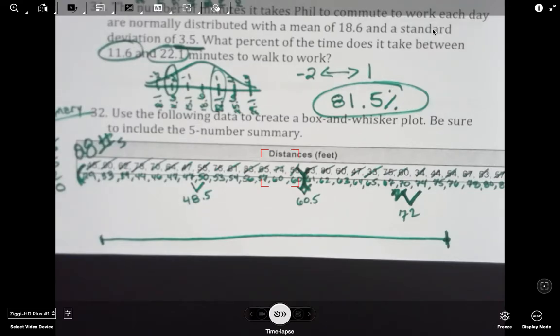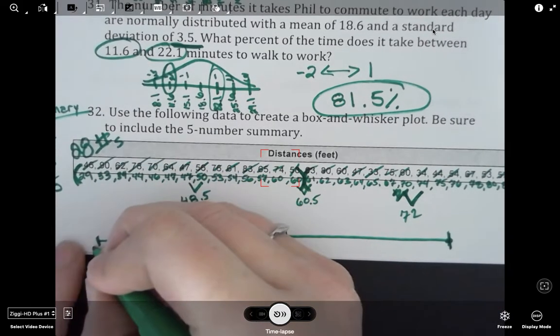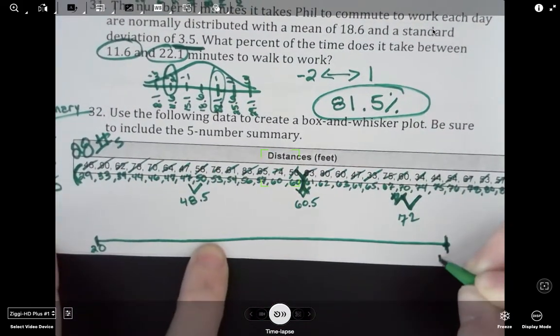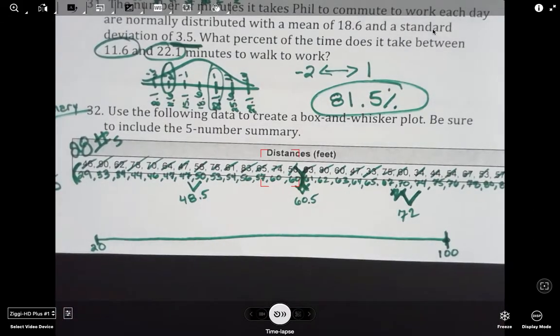29 to 90, but let's pick some nice numbers. Like earlier we did 20 to 100. That's fine. Because what's exactly in the middle of 20 and 100? Add them together, 20 plus 100, divided by 2, 60.